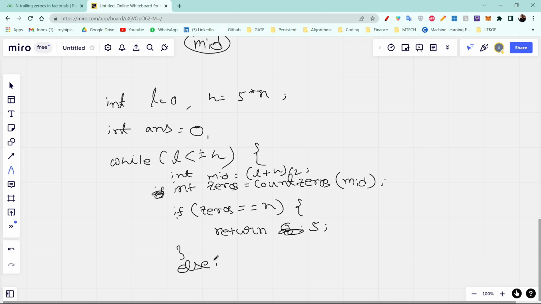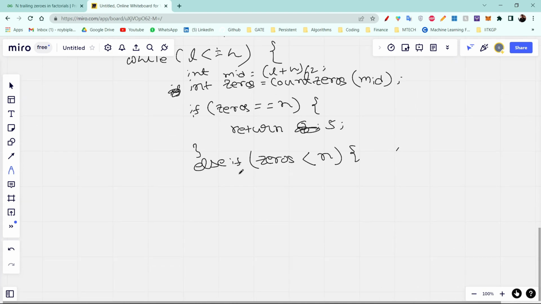Else, if the number of zeros we are getting currently is less than n, that means we need more zeros, so we will update our low to mid plus 1. We want a bigger number.